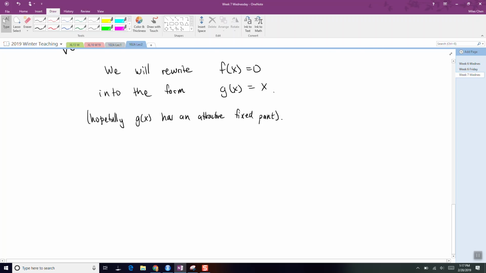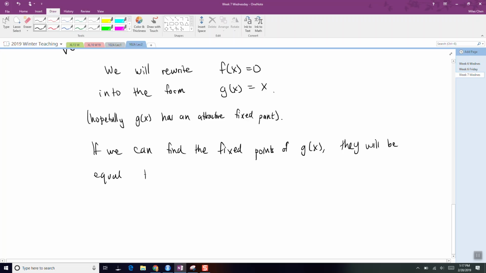And if we can solve for the fixed points of g of x, find the fixed points of g of x, they will be equal to the roots of f of x.